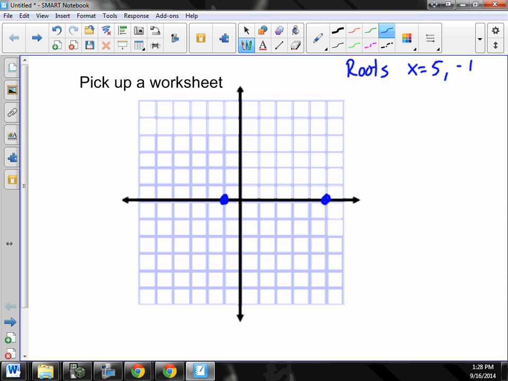And what if I said it had a max at y equals 4? Is that enough information to draw the rest of the quadratic? It actually is. So I'm going to draw a line at the maximum, 1, 2, 3, 4, right here.